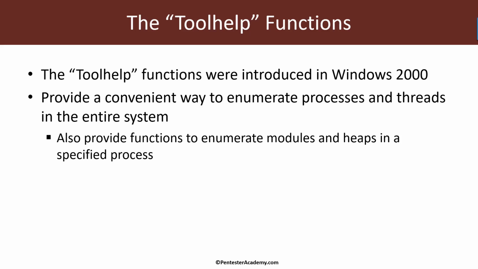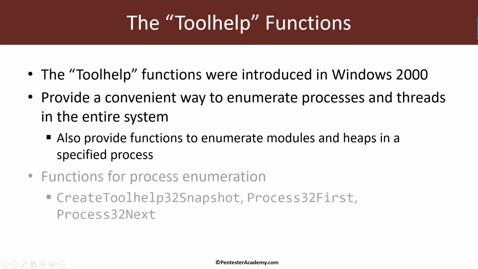The tool help functions also allow us to enumerate threads throughout the system and even pick a particular process and enumerate modules and heaps inside that process. We're going to look here at processes only, and we'll see another example of thread enumeration later on in the course.